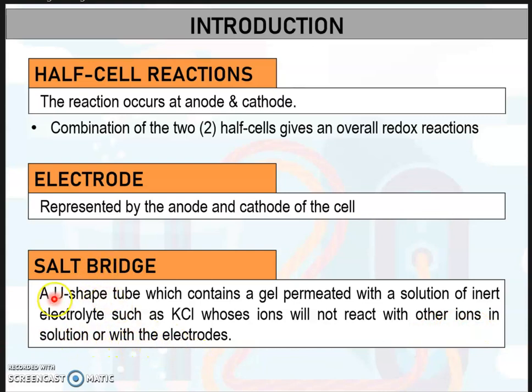We use a glass U-shaped tube, and inside the tube we insert the gel that contains the solution with inert electrolyte. What does it mean by inert? Inert means that it does not react with the ions of interest, the ions involved in the oxidation and reduction reaction.